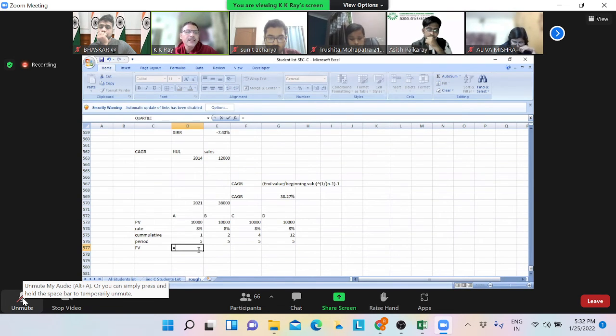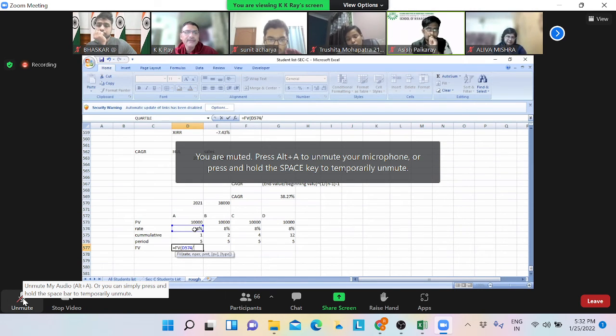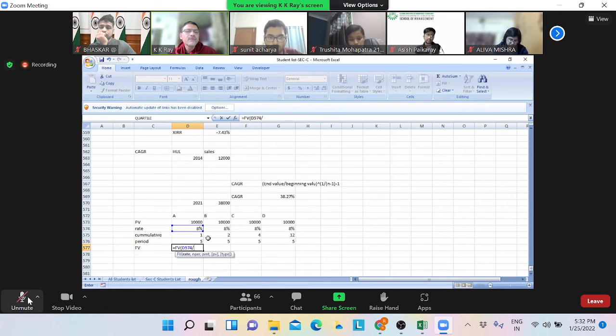So the future value equals the rate divided by 1, and the number of periods is this one, multiplied by the cumulative.